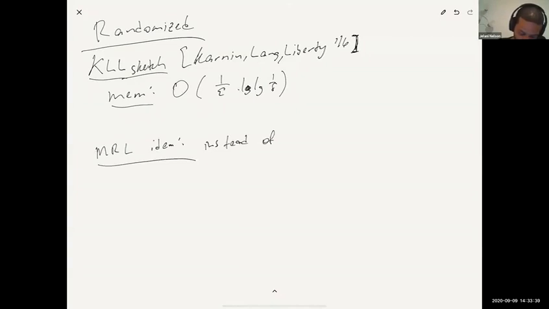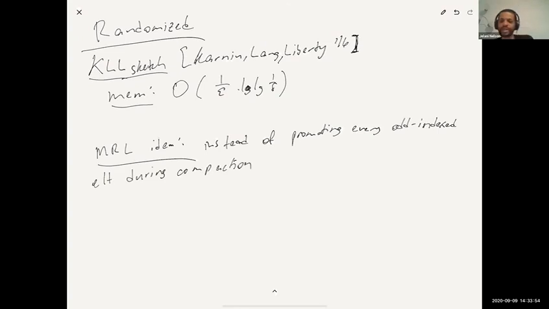Instead of promoting every, let's say, odd index element during compaction, you could also promote every even indexed element, right? You would basically have the same kind of error guarantee. So what they do is they randomly choose.